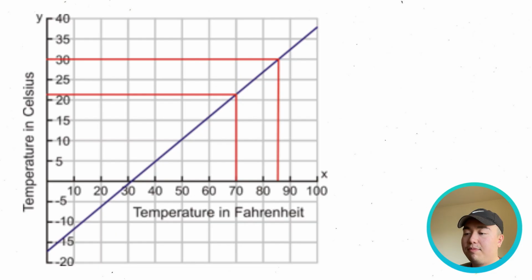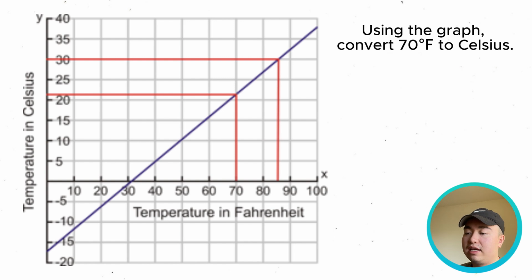We have an example of a graph that shows a linear relationship between Celsius and Fahrenheit temperature. Using this graph, let's find what the Celsius of 70 degrees Fahrenheit is.